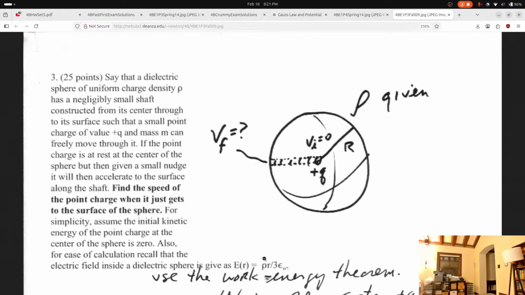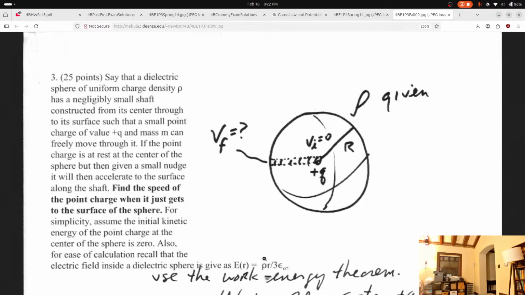KE initial is 0, one half m v final squared is equal to the work, minus Q delta V. What is that? This is going to be equal to minus integral of E dl. Okay, so E of r. We're going to have flux of E dot dA is equal to rho times 4/3 pi r cubed over epsilon naught.